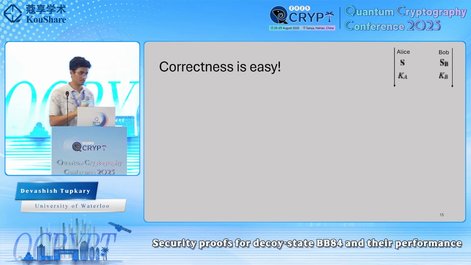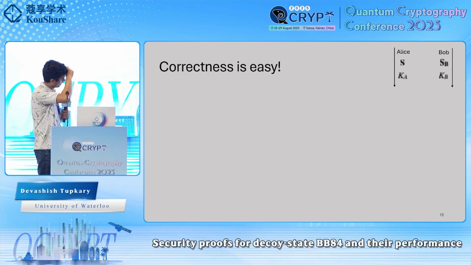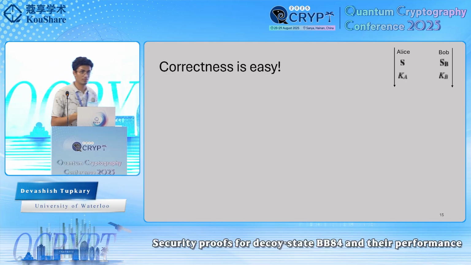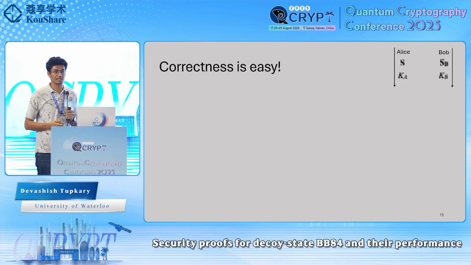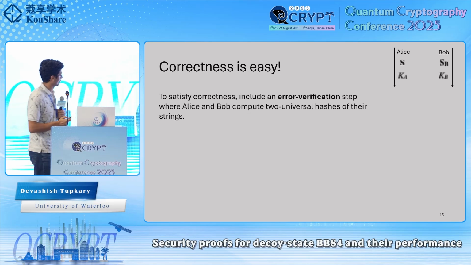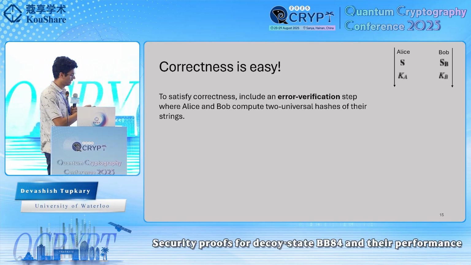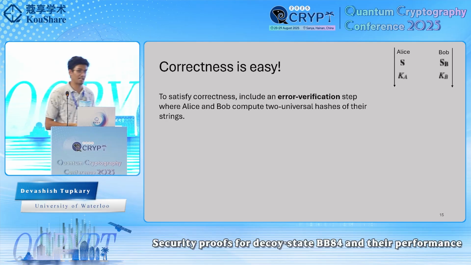Okay, so let's do the correctness proof in one slide. Recall that we have Alice and Bob's raw keys S and S', and they are going to do some privacy amplification on it to get the final output keys K and K', right? And we are going to do a step where we check whether the two universal hashes of these S strings match or not.